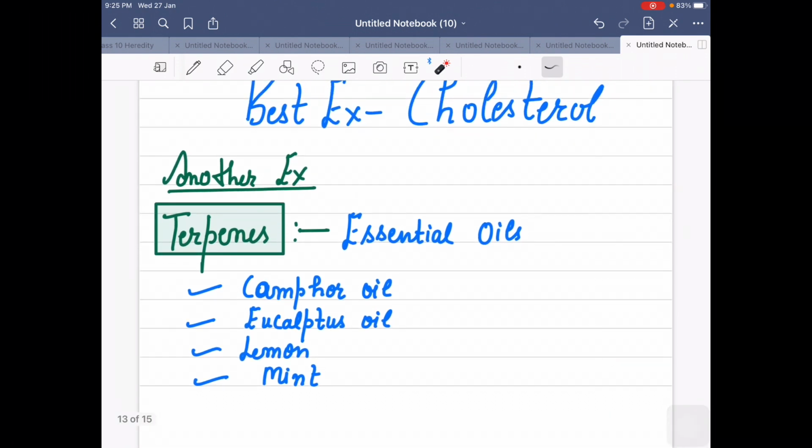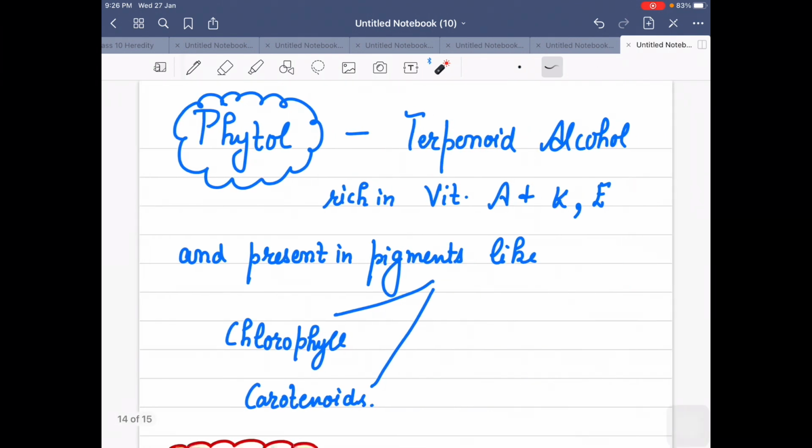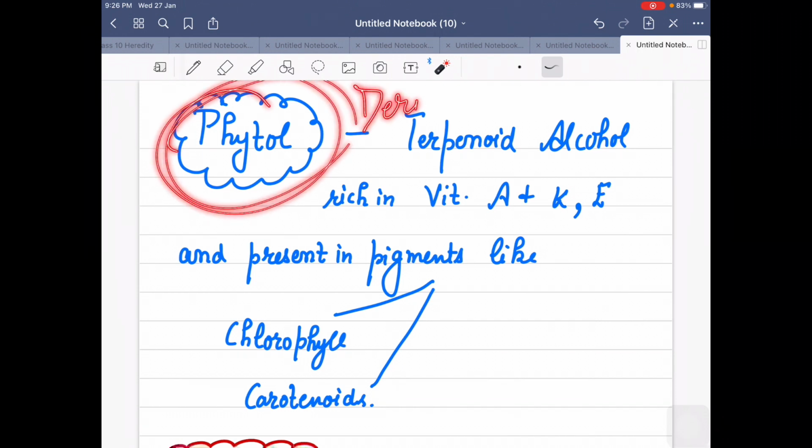Another derived lipid is present in our essential oils, which give a very strong, very beautiful aroma. Camphor oil, eucalyptus oil, lemon, mint, which smell very strongly, these are terpenes. And another which is present in your pigments, phytol, is also a derived lipid.